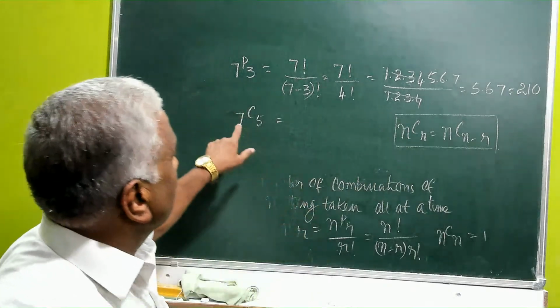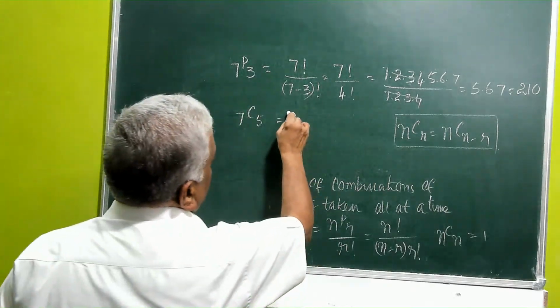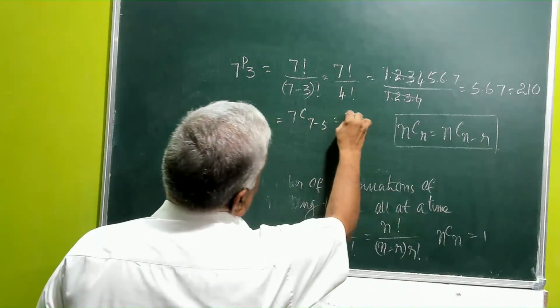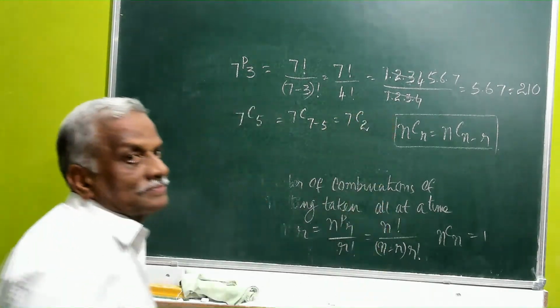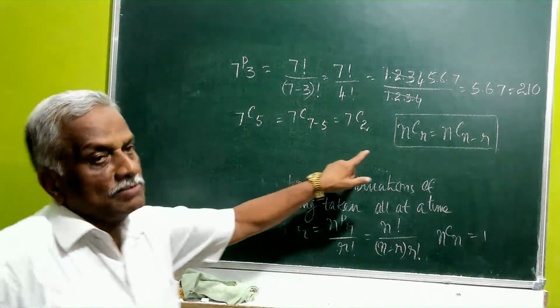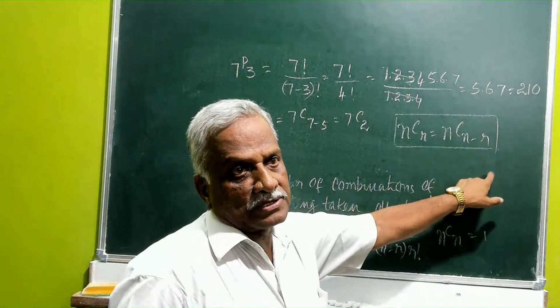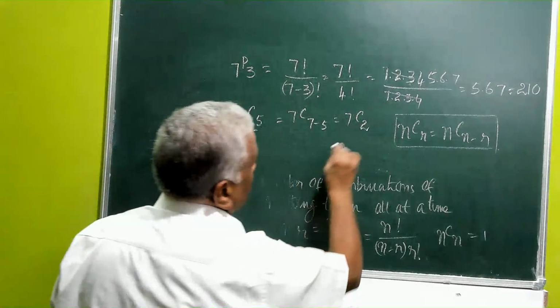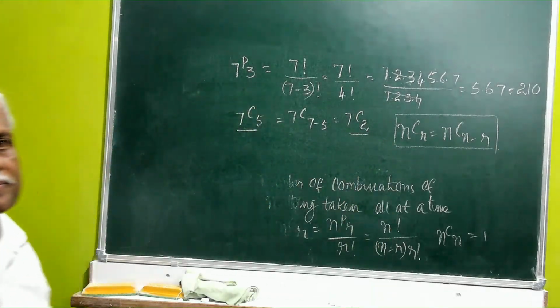So if you use that formula, 7C5 is going to be 7C(7 minus 5), that is 7C2. I am using the formula nCr equal nC(n minus r). So instead of calculating 7C5, you can calculate 7C2.